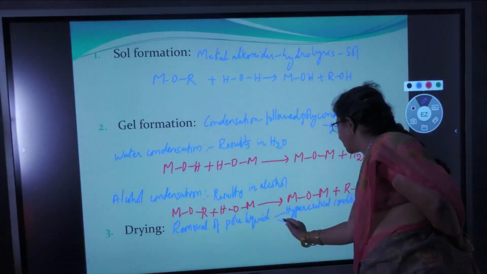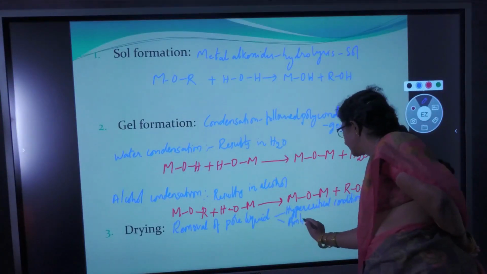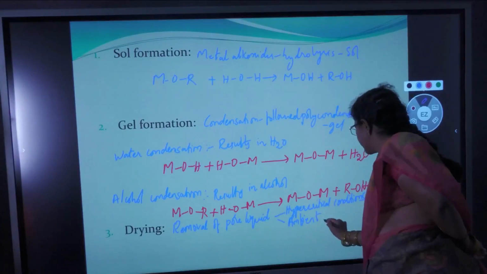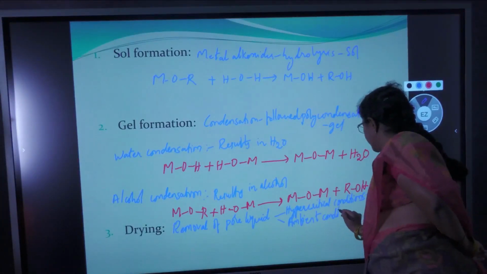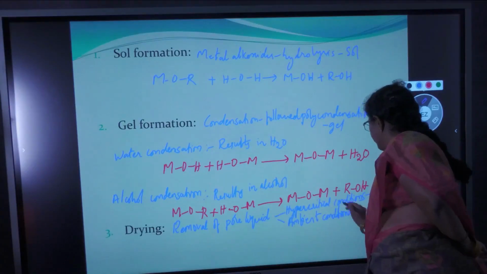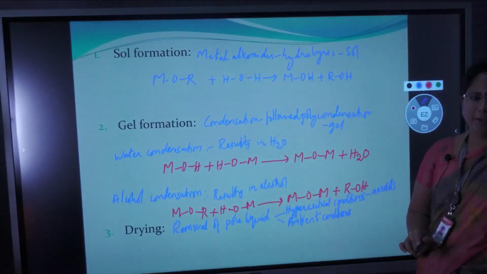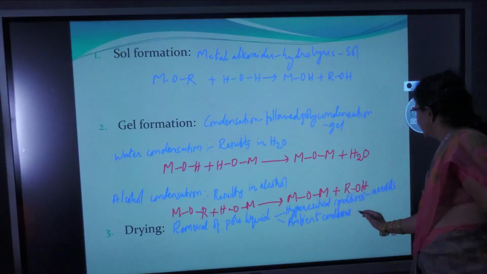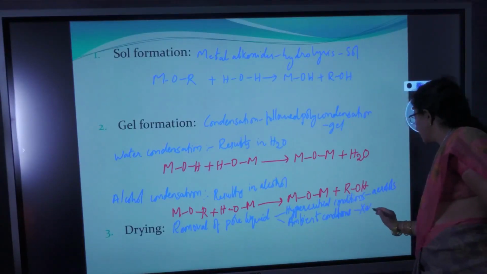Under ambient conditions, the pores will shrink and forms xerogels.